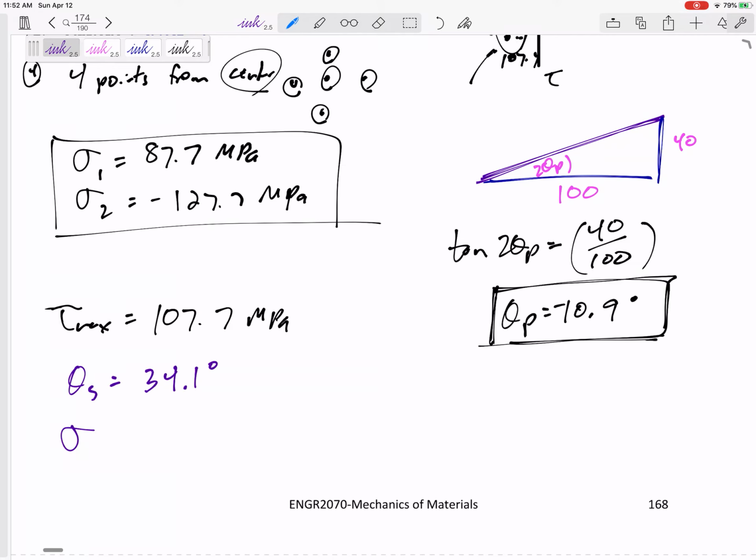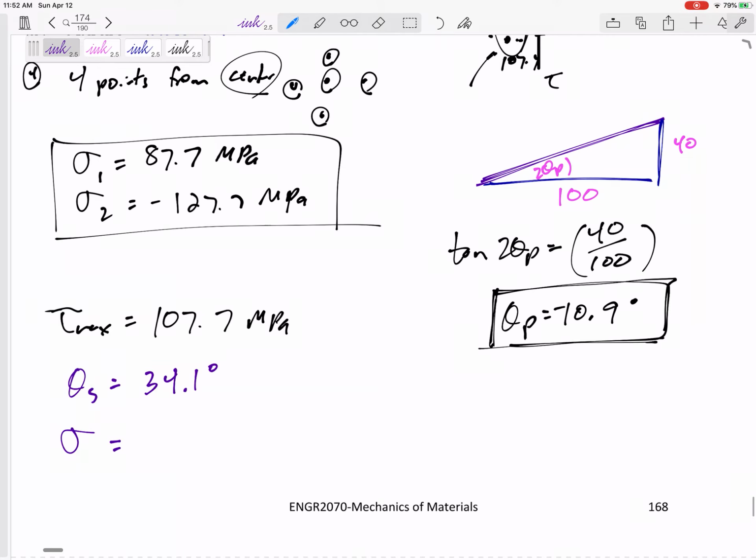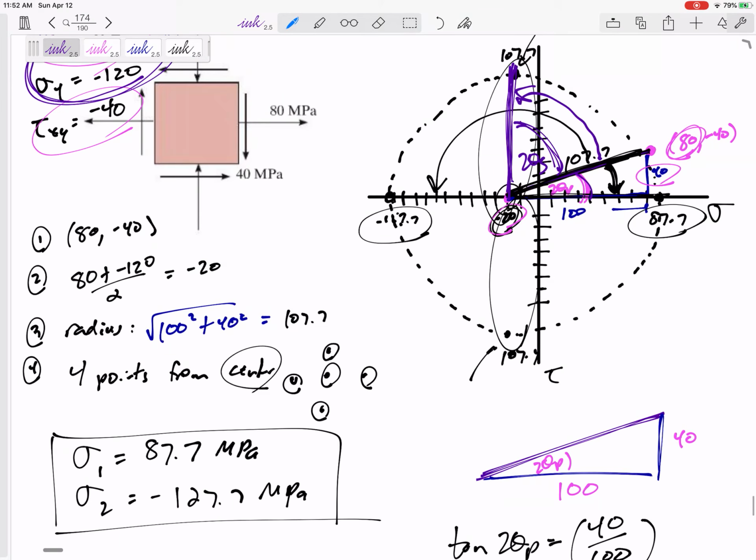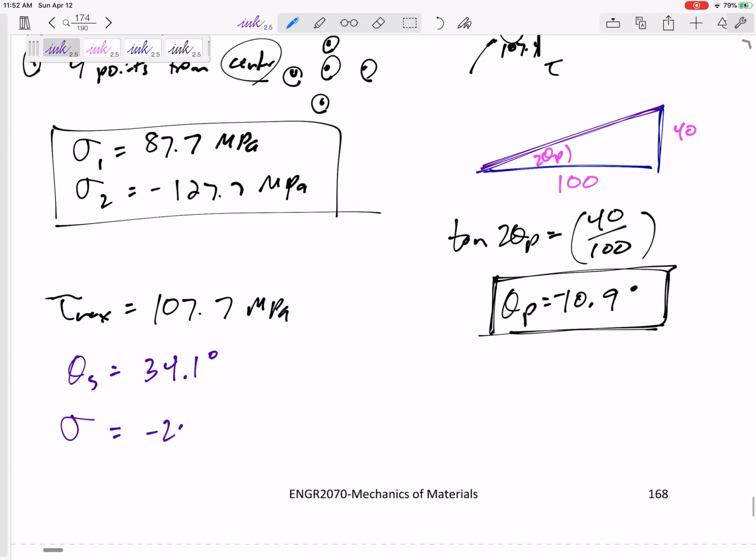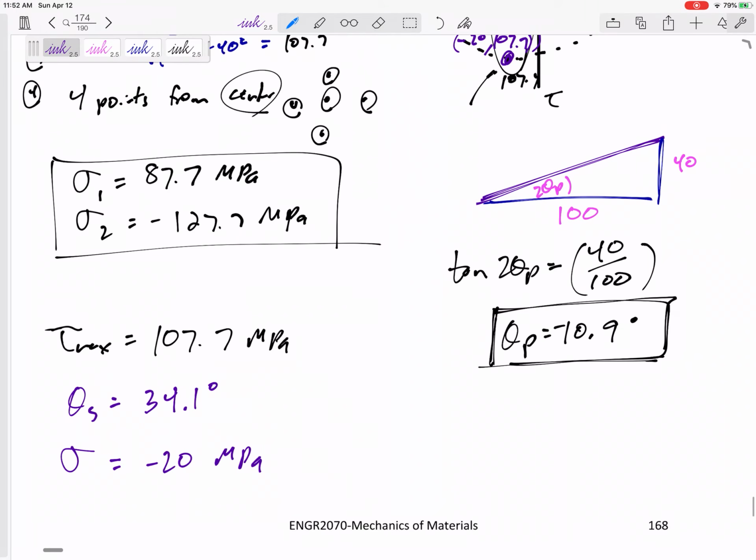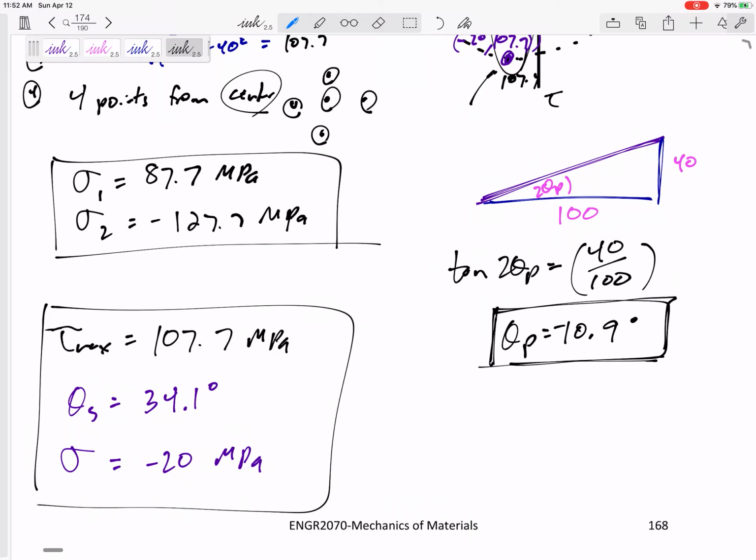And one last thing, what's the normal stress when I have this shear stress maximum? Well, this value right here is 107.7. Sorry. It is negative 20, comma, 107.7. It is at negative 20 MPa, which I already knew, that the normal stress was at the average.